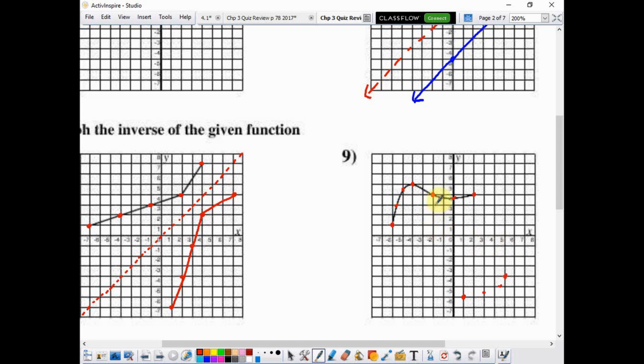Negative 2, 4, 4, negative 2. 0, 3, and maybe 3/4. 3 3/4, 0. 2, 4, 4, 2. That should appear to be a reflection over the line y equals x.